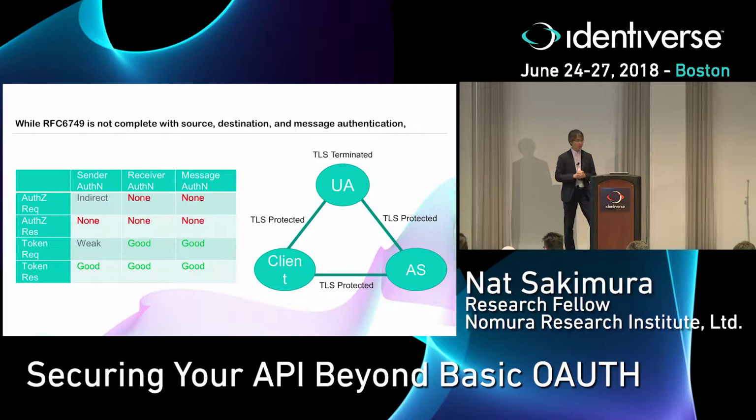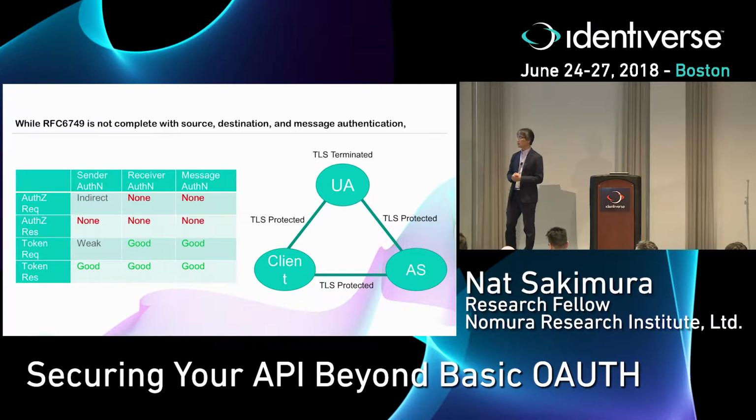As depicted here, RFC 6749 actually doesn't protect the front channel transactions. In this picture, I have three actors: client, authorization server, and UA, user agent. The communications between them are TLS protected.